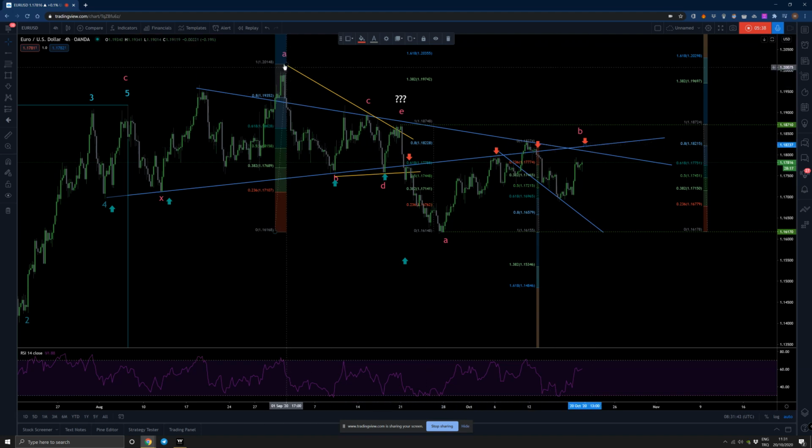Also, if you look from another perspective, from here to here, if you take the fib from high to the low, we have this 50 level here, which comes somewhere here. And also, if you're looking from this trend line, resistance, resistance, resistance, and it comes somewhere around here as well, okay?